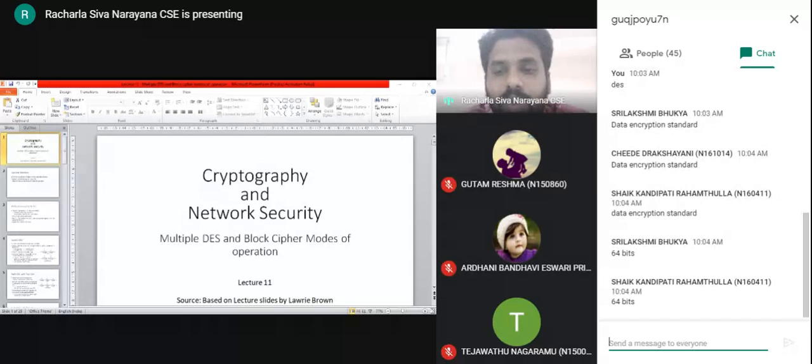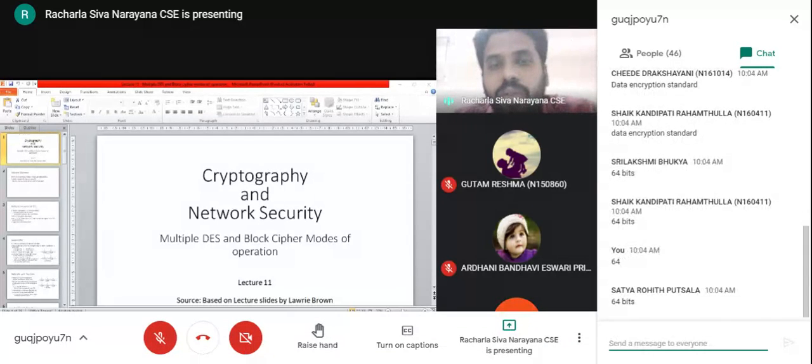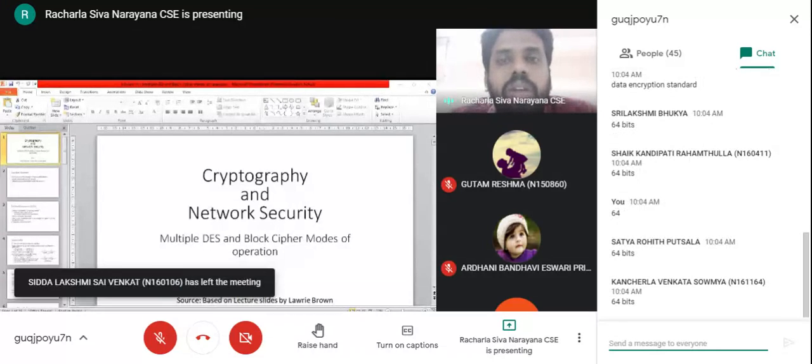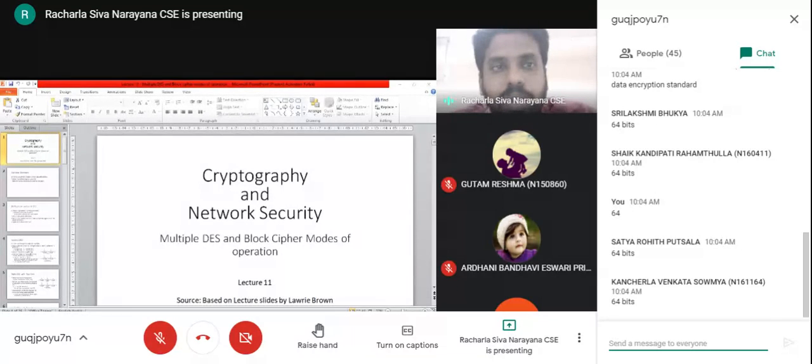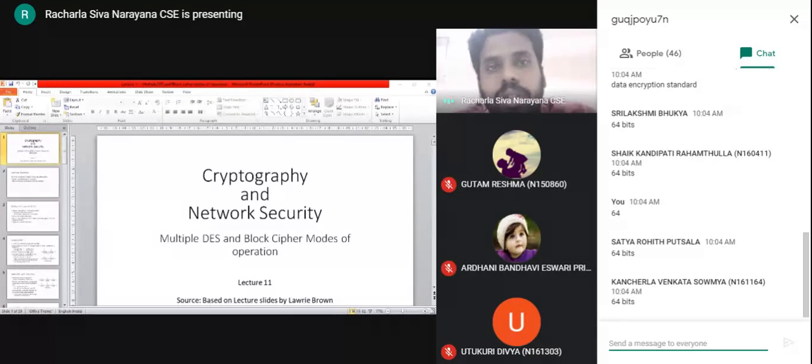Good, 64 bits. So here we are taking a 64-bit input plain text block, and then we are performing the encryption. So in this encryption, what is the first phase? Which operation is performed in the first phase of encryption?